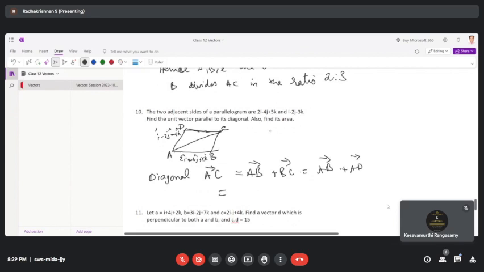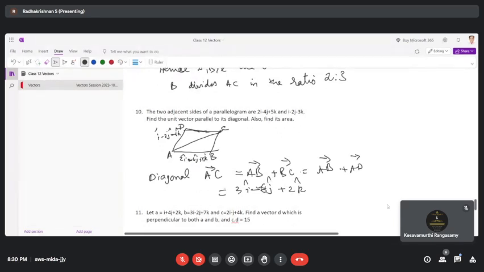So simply add up the two given vectors, the adjacent sides, and you get the diagonal. 2 plus 1, 3i, minus 4 minus 2, plus 5 minus 3. So this is your diagonal AC.